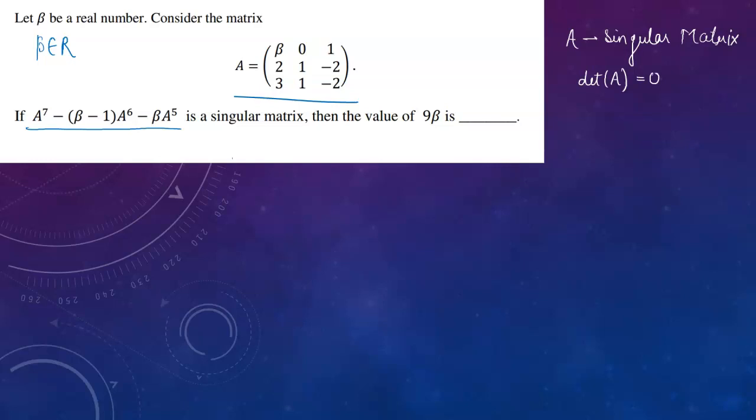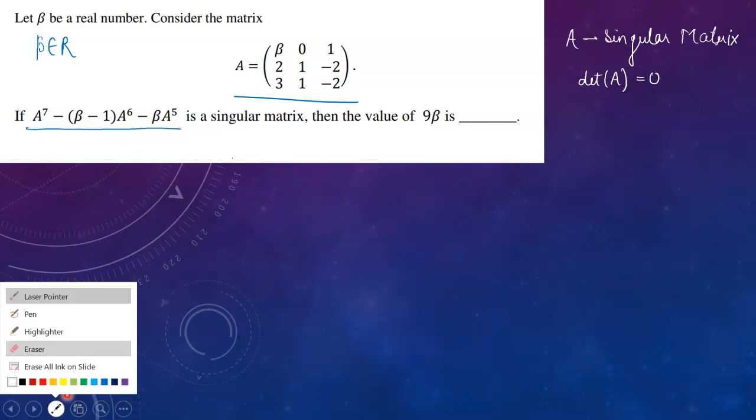Okay, so since this whole expression which is given here will obviously result as a matrix, since we are doing matrix operation here, and that matrix has determinant 0. So this matrix will also give me determinant 0.